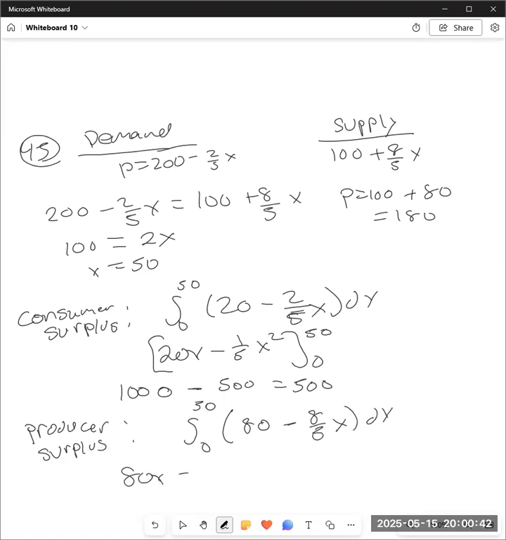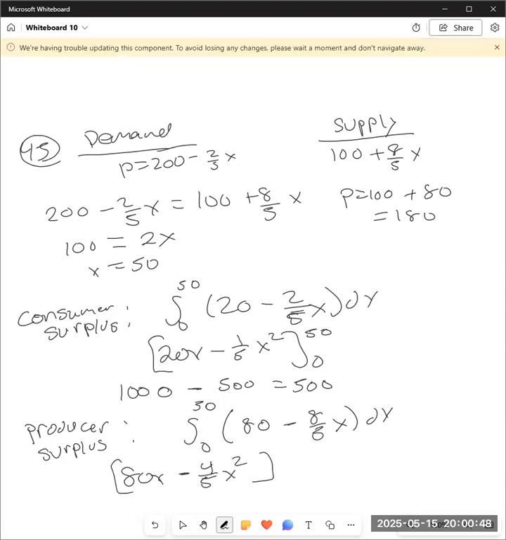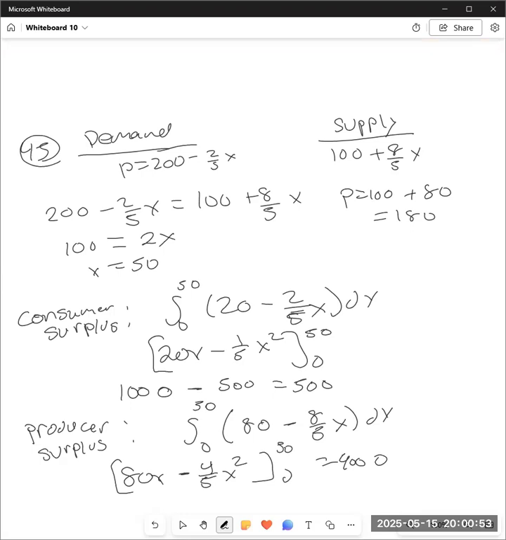That gives me 80x minus 4/5 x squared from 0 to 50, which is 4,000 minus 2,000... 40 times 50 is 2,000. Again, it's just 2,000 for the surplus. And last but not least, for this section, we have number 47.